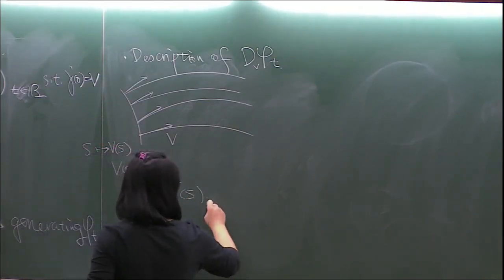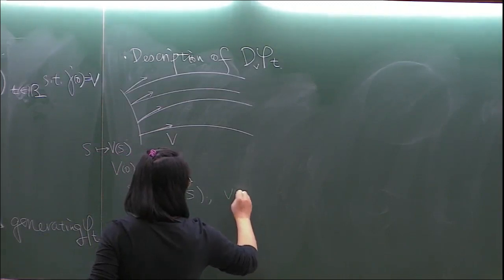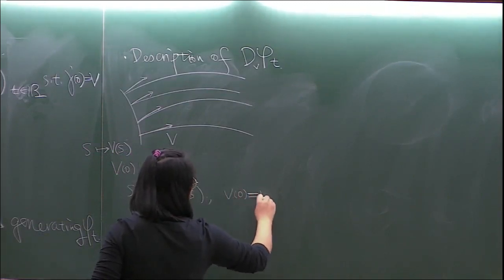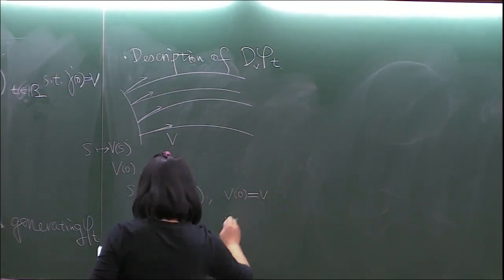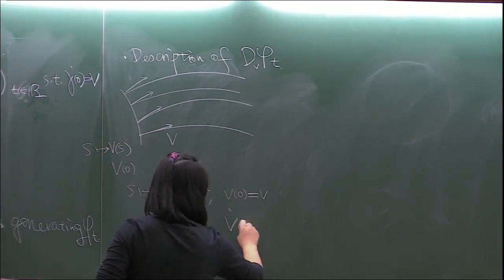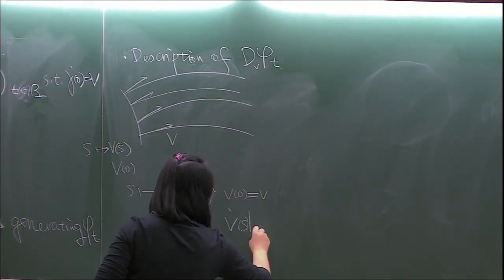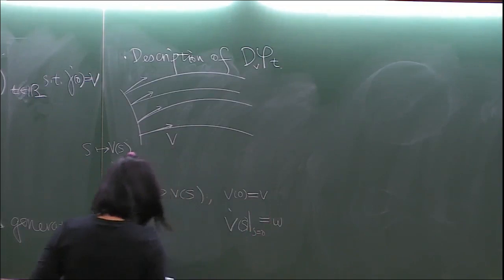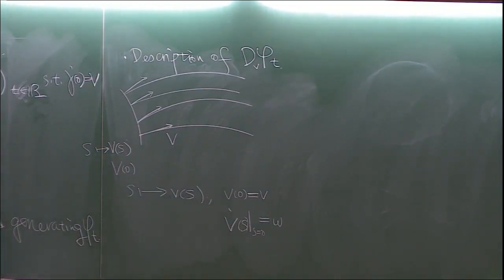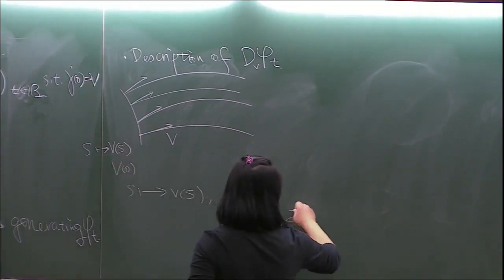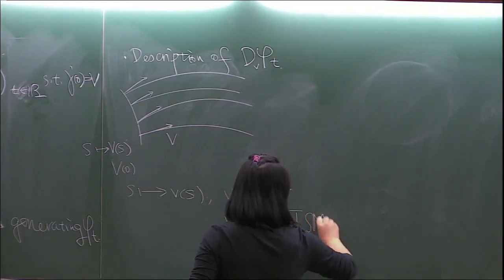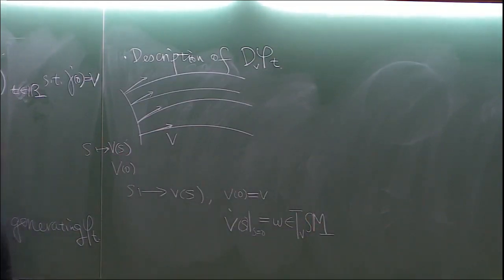This is C1, and with this V_0 equals V, and its differential in s at s equals 0 equals W. This belongs to the tangent space T_V(SM), right? Okay.